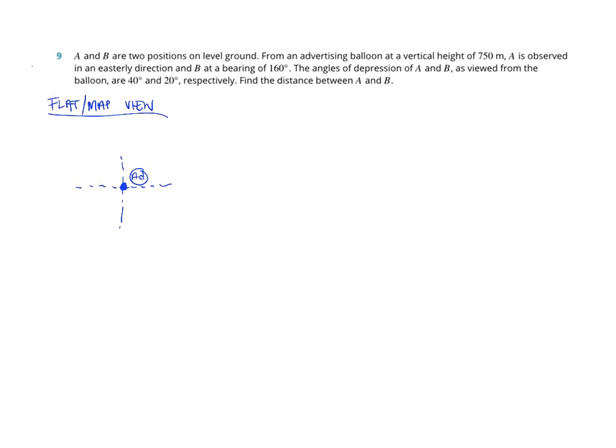But A is observed in an easterly direction, so easterly is out this way. Here's A. I'm going to put my little compass. We've got A, and B is at the bearing of 160. If I'm thinking about 160, it will be out this way, and out goes B.